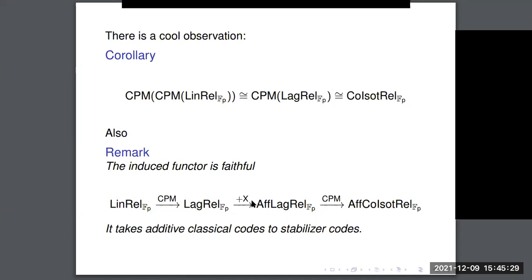Yeah, and I don't know, like additive classical codes, or just additive subspaces, not affine subspaces, at least the ones I've come across. So you also have to add the affine stuff as well. Yep.